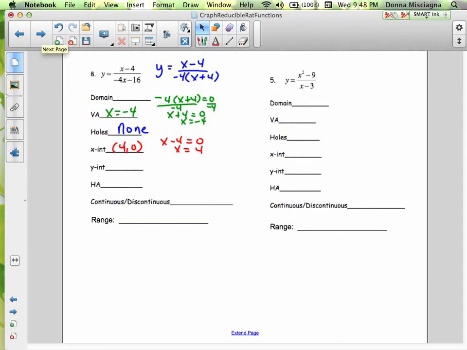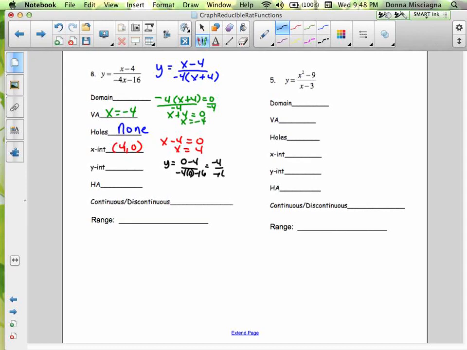For the y-intercept, just plug in 0 for x. And so we have y equals 0 minus 4 divided by negative 4 times 0 minus 16. So that's going to be negative 4 divided by negative 16, or that would reduce to 1/4. So the y-intercept is 0, 1/4.